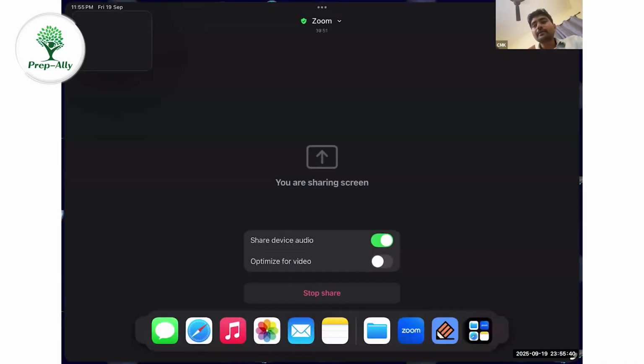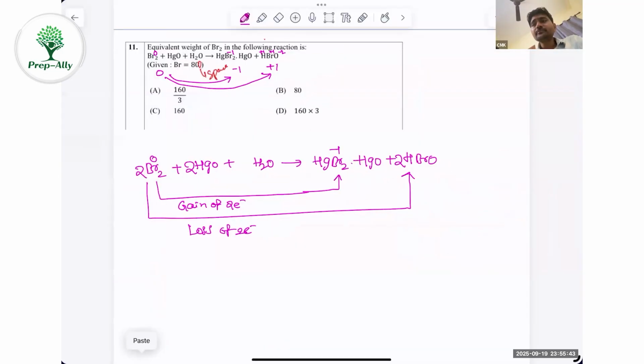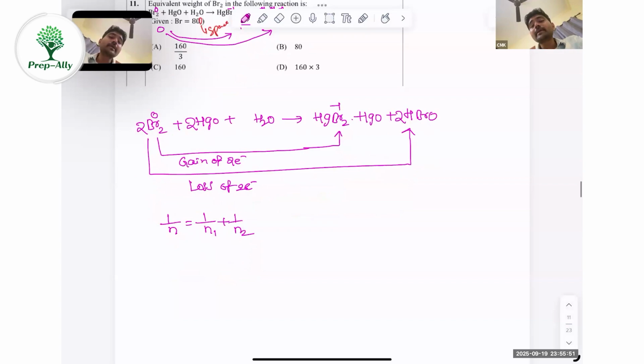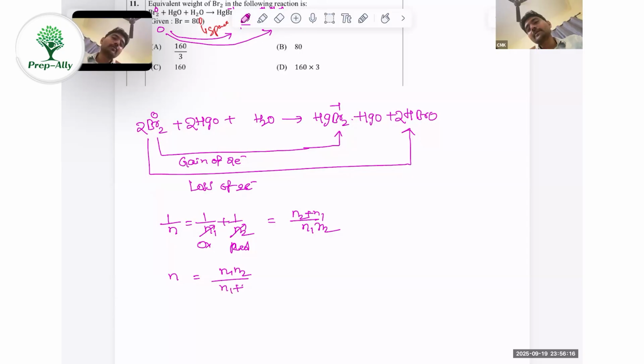Now the n factor for a disproportionation reaction: 1 by n is equal to 1 by n1 plus 1 by n2, where n1 and n2 are the oxidation n factor and the reduction n factor. Taking the LCM and inverting, n is n1 n2 by n1 plus n2.